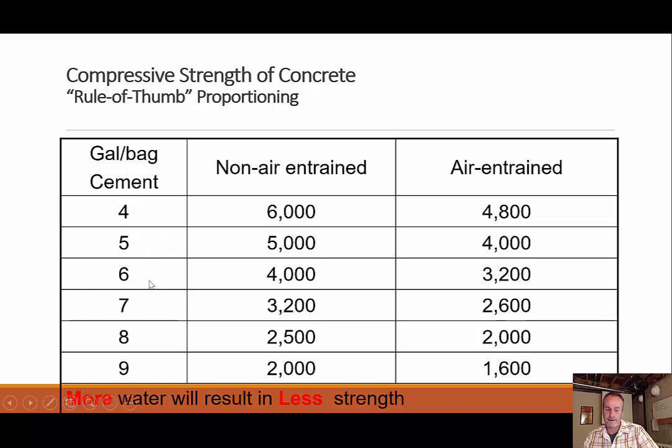If I increase that water, gallons per bag, I can see how the strength is decreasing, even more so for air-entrained. So if I have the exact same bag of cement, it could go from 6,000 PSI down to 1,600 PSI if I add a ton of water and I have air-entrained.